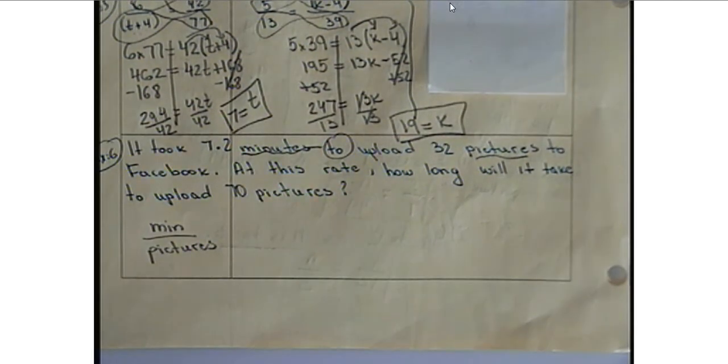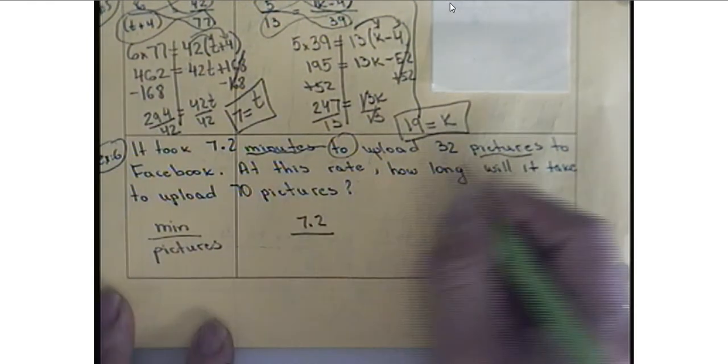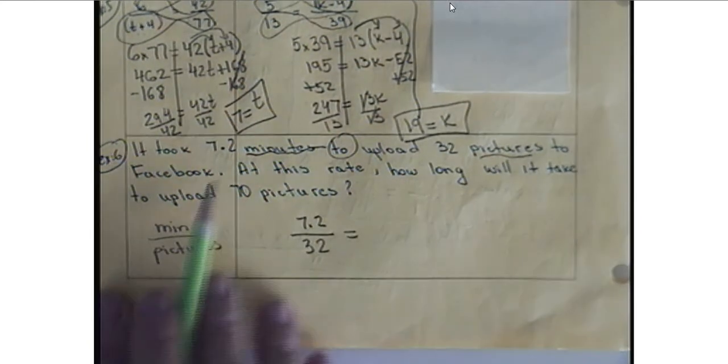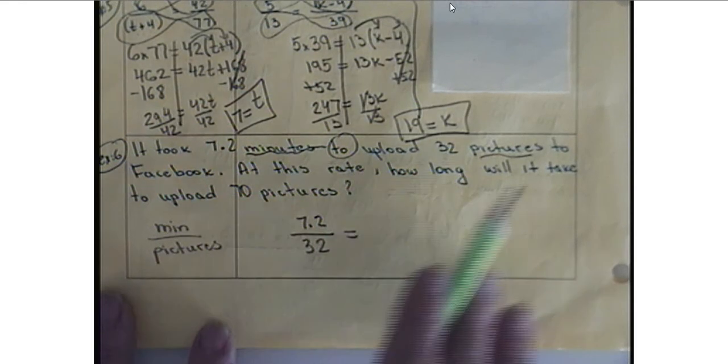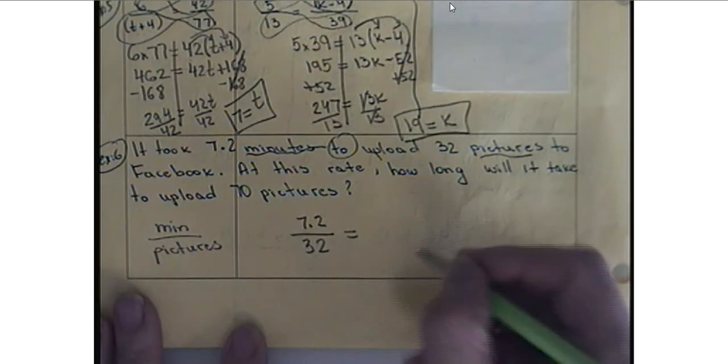Once we know the rate, now we can set up the problem. So we have 7.2 for minutes and then 32 for pictures equals, and then how long will it take to upload 70 pictures.